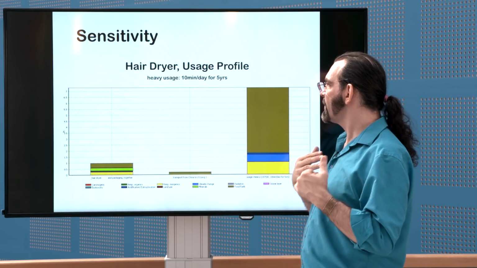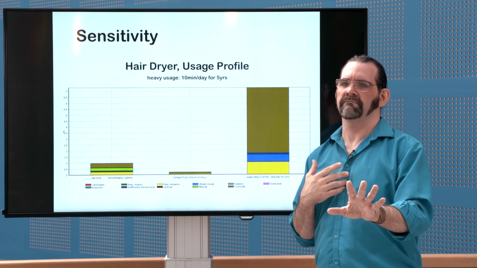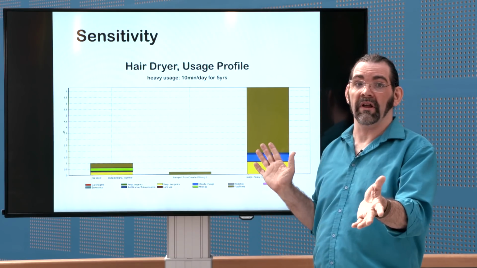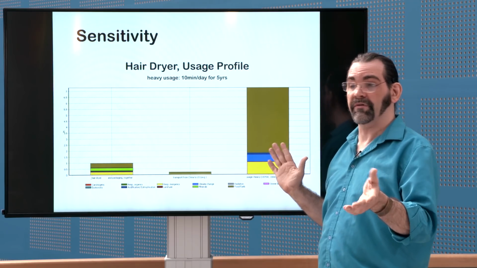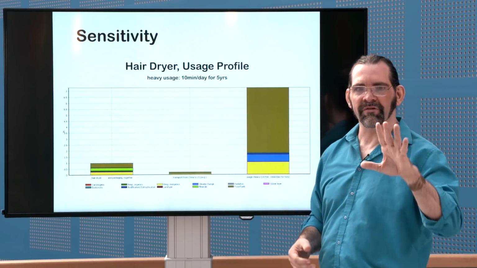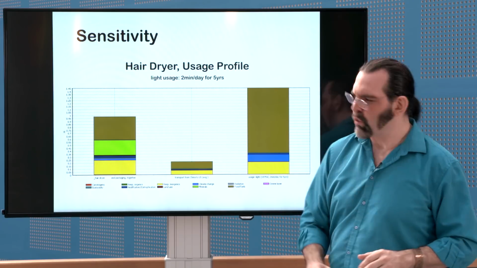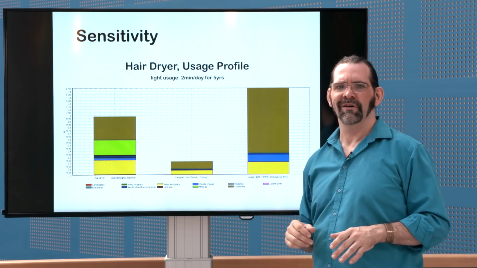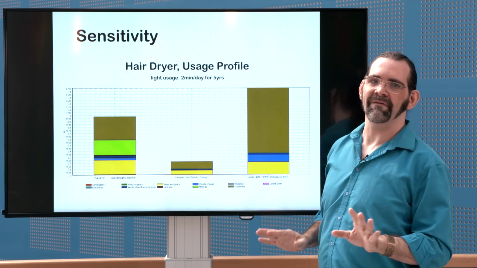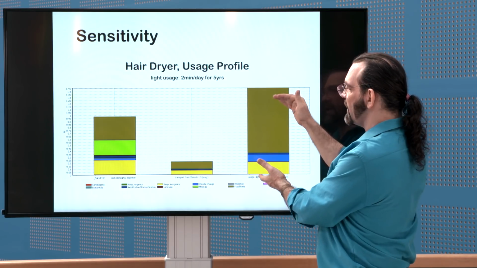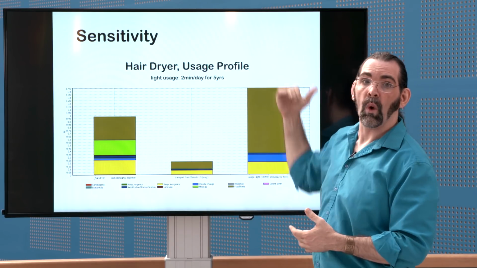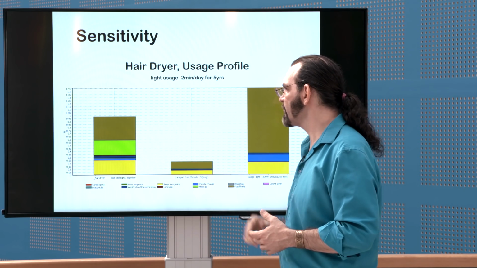And I thought, that's kind of a lot. I mean, maybe it's totally accurate. I don't know their customers, but I ran another scenario of, well, what if your customer only uses it for 2 minutes a day for 5 years? And then, as you can see, the energy use comes way down compared to manufacturing and transport.